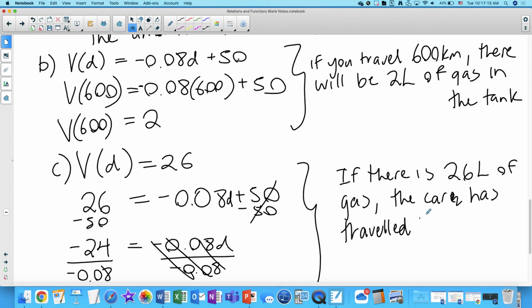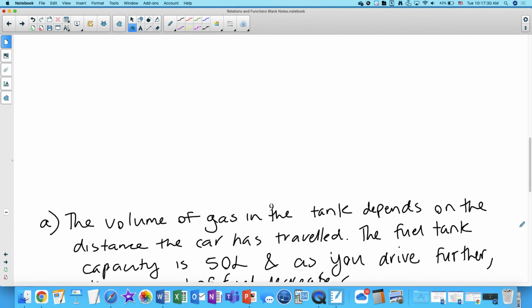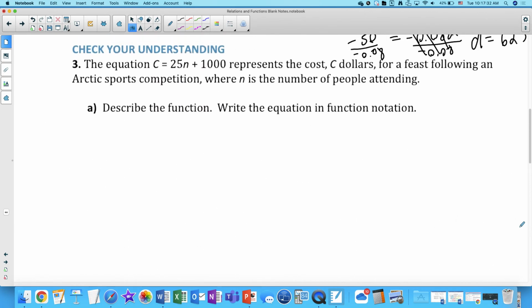All right, so the last thing that I want you guys to do is this one. The equation C equals 25n plus 1,000 represents the cost, C dollars, for a feast following an Arctic sports competition, where n is the number of people attending. So you're planning some sort of party or gala around a sports competition.